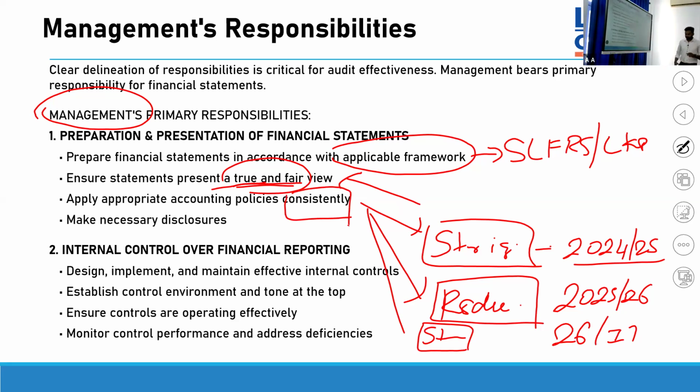Therefore, it is management's responsibility to apply appropriate accounting policies consistently, right? If they are changing, then they should provide reasonable or valid reasons for the change in accounting policies. Clear?